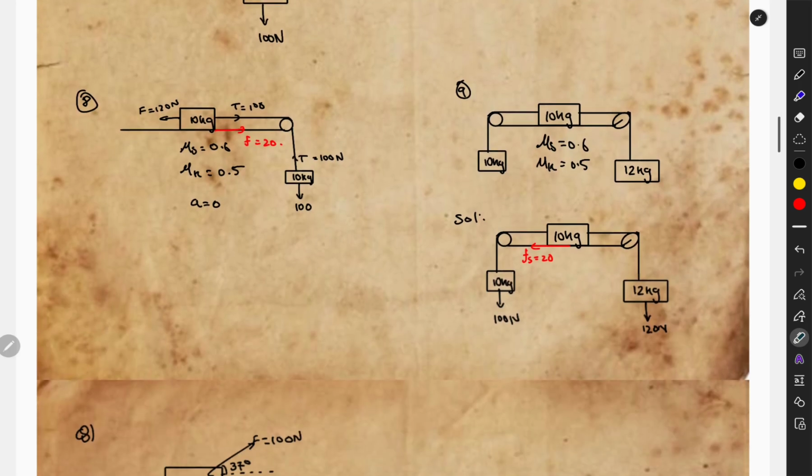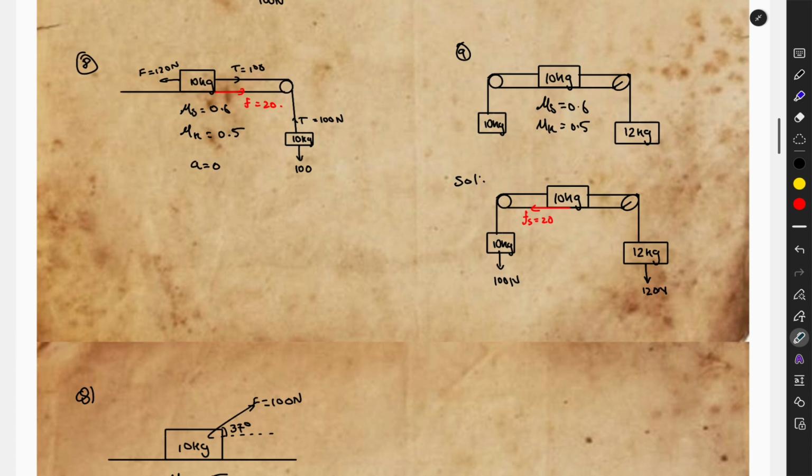Fine. So what about this? This is the same type of problem. I think there shouldn't be much confusion on this. So basically 100 Newton is applied, 120 Newton is applied here, right? So 20 Newton will be applied net on this side.